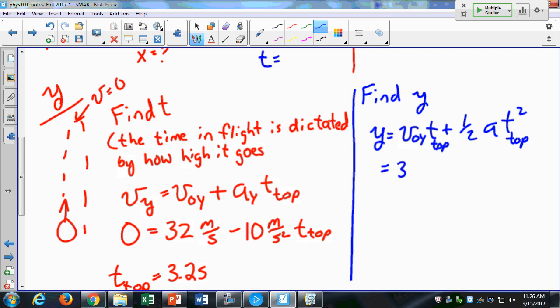And so I'd say 32 times 3.2 minus half of 10 is 5. So I put in A as negative 10 here. Half of that is 5 times 3.2 squared.